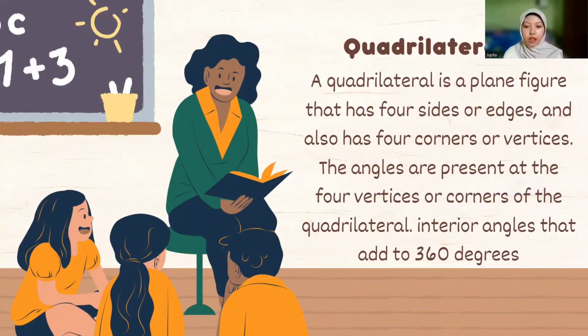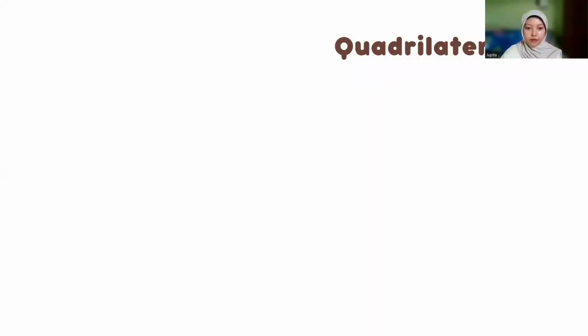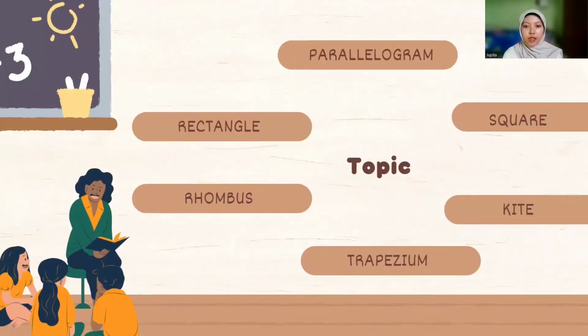Interior angles add to 360 degrees. There are 6 topics that will be discussed in this video. First, parallelogram, and then rectangle, square, rhombus, trapezium, kite.